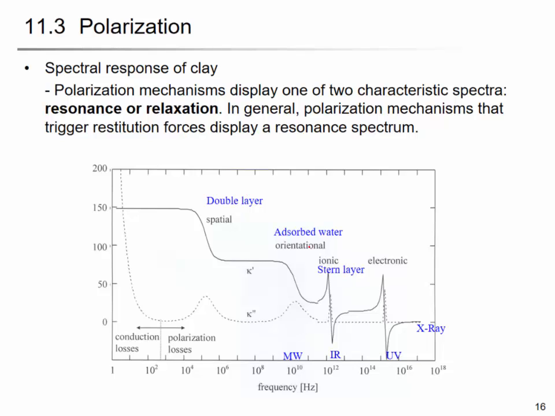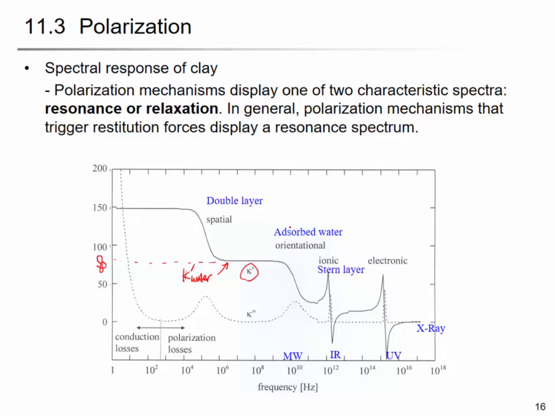And you can see here for the clay, this kappa prime can be much larger than 80. So this will be the water value, this is the 80, and that's the kappa prime of water. Because of the double layer polarization, this can go above 80.